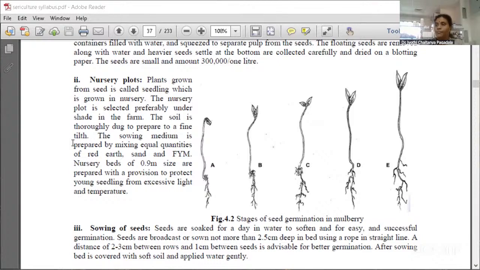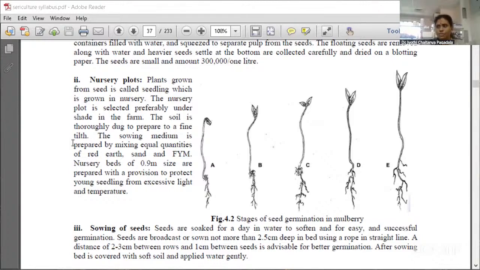Seed collection. Seeds are collected from the ripe fruits in the month of March to April in tropical regions and May to June in temperate regions. There is no dormancy in mulberry seed but it loses viability with the passage of time.